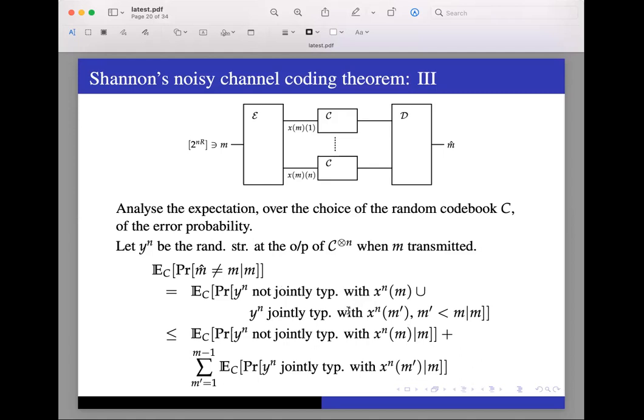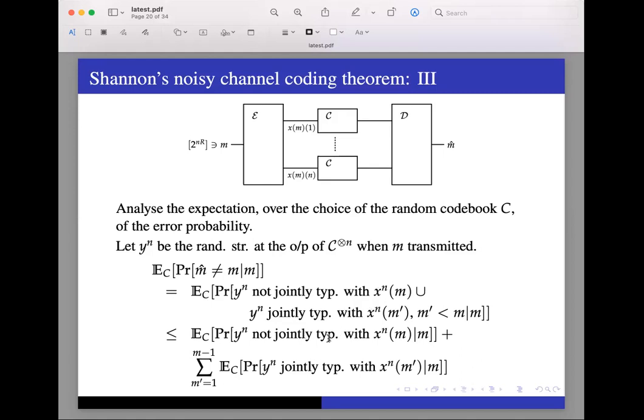This is the union of several events out here, as you can see. This is in union with this, and then there's an implicit union over all m hat out here. So that's the probability. Then I continue to take the expectation. Then I'll use the union bound on probabilities.